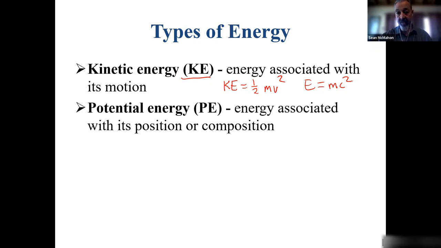Another form of energy that we need to consider other than associated with movement, kinetic energy, is potential energy. And that's typically associated with its position. So some of you may have seen potential energy with mgh, where m, again, is mass, g is gravity or acceleration, and then h is a distance, okay?